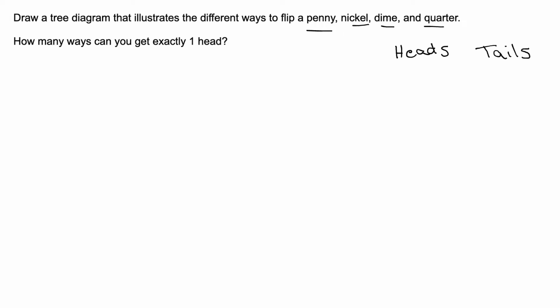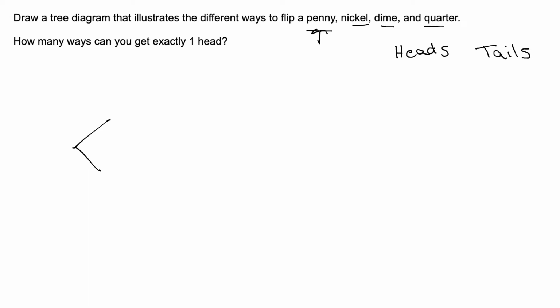So with my tree diagram, the branches are going to represent the objects or the outcomes. And then the level of branches is going to represent either the penny, nickel, dime, or quarter.